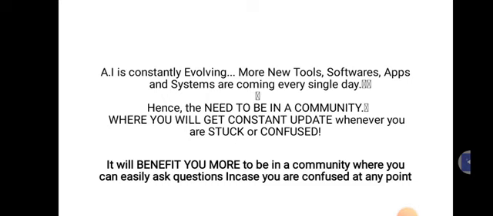Why? Community. But imagine you are just doing it all by yourself, you don't even know what is happening in other people's spaces. By the time they block that thing, you just cry and be like, this thing is not working again, and eventually you stop. But it will benefit you more to be in a community where you can easily ask questions in case you are confused at any point.